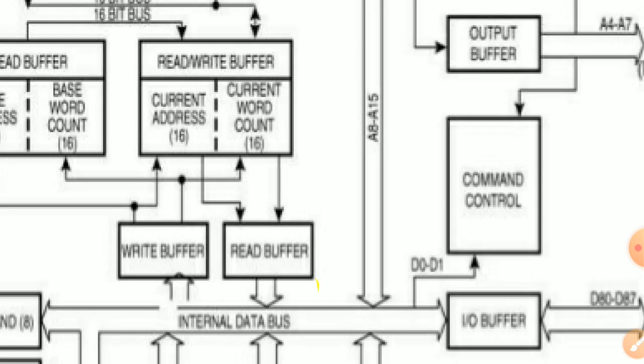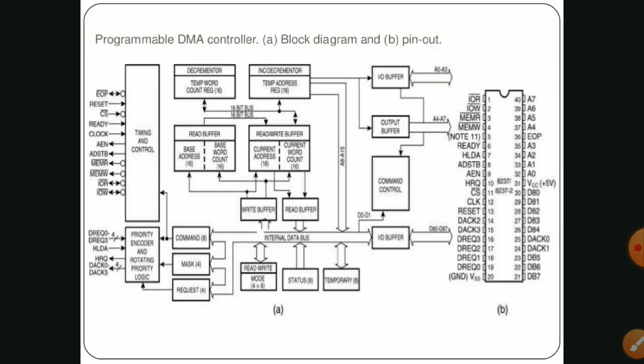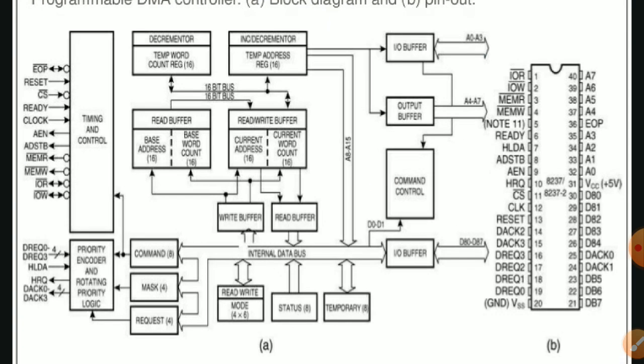And this is the total block diagram of the DMA controller. In this block diagram, this is called the timing and control unit, which is responsible for generating the required timing signals and control signals.